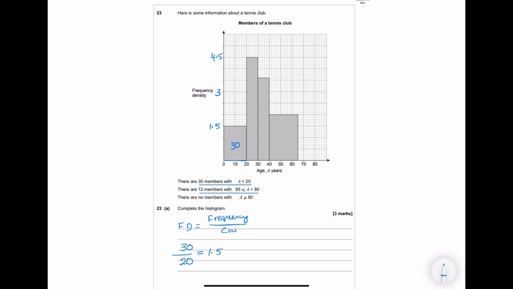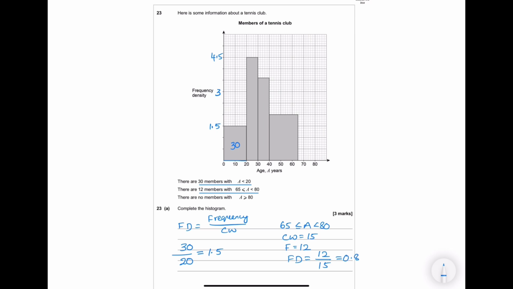Now there are 12 members between 65 and 80. If you take the 65 to 80 bar, the class width is 15 and the frequency is 12, and we need to work out the frequency density. Frequency divided by class width, 12 divided by 15, which is 0.8.